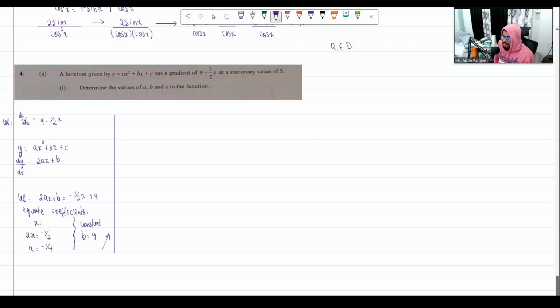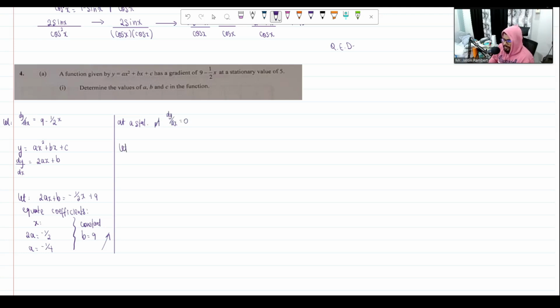Now the question says that it has a gradient of 9 take away a half x at a stationary value of 5. So when y is equal to 5, what will I do? Thinking. So at a stationary point, dy/dx is equal to 0.